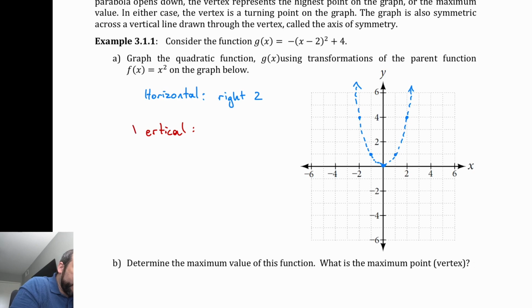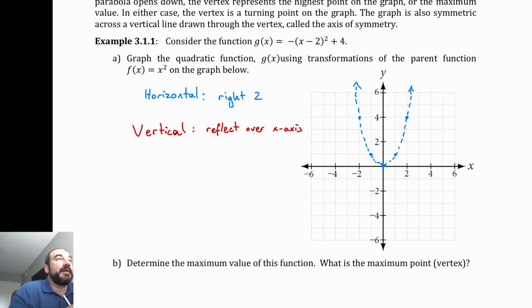What two things do we have happening vertically, and which one do we do first? You flip it across the x-axis first. Good. So reflect over the x-axis.